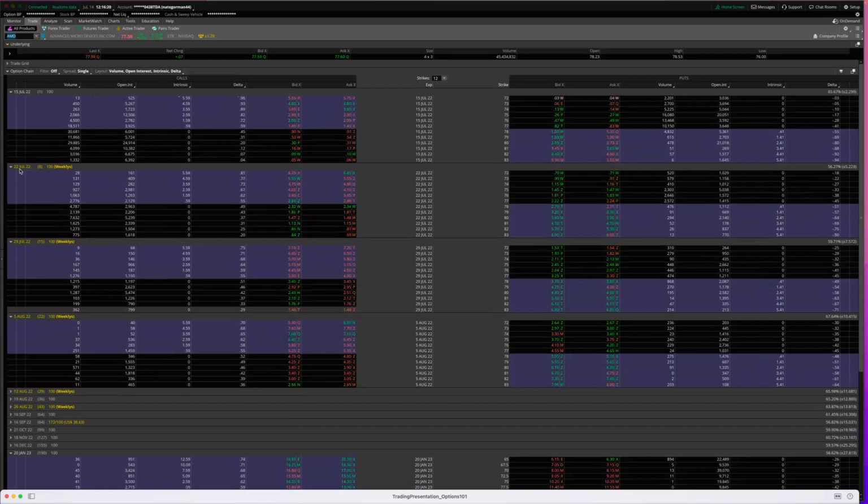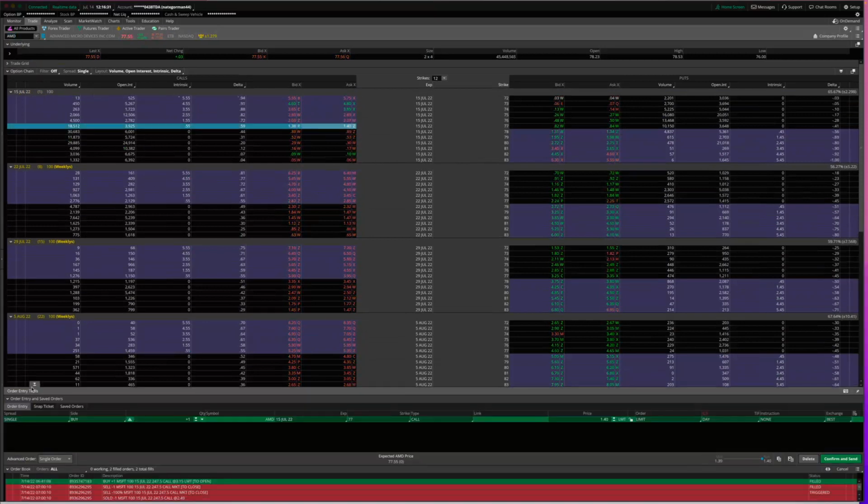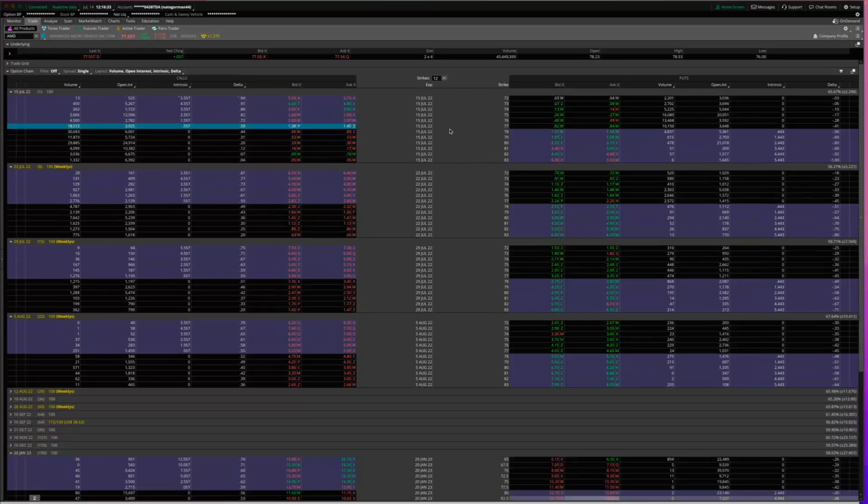So these are our option expiration dates, and then we have our strike prices here. The at the money price for AMD expiring tomorrow at $77 is $1.37 essentially.